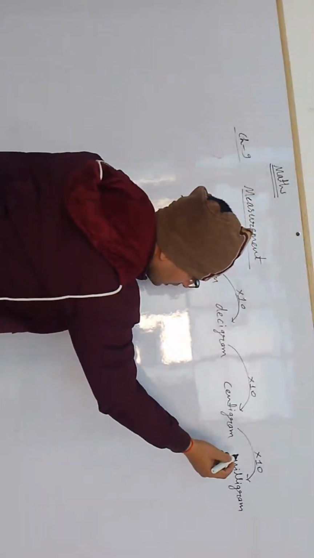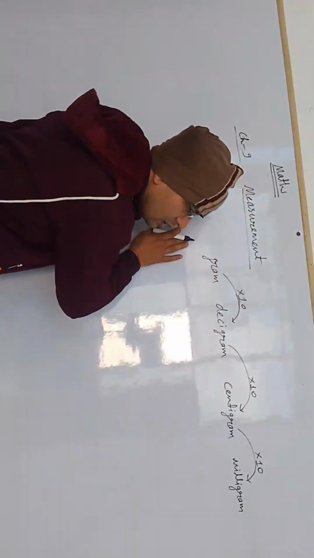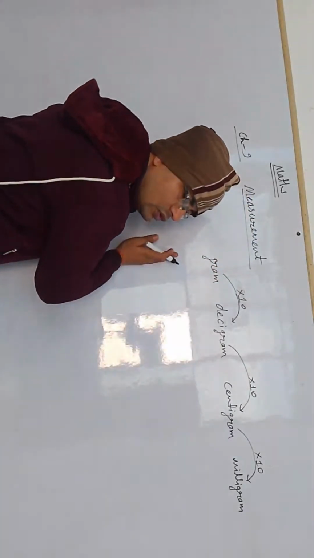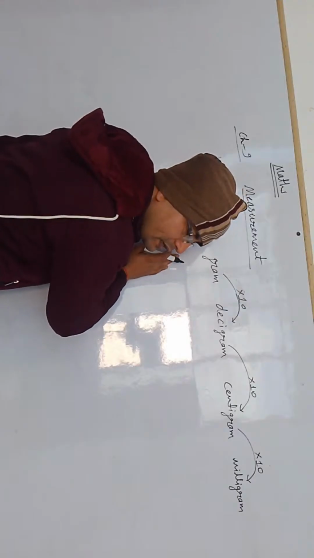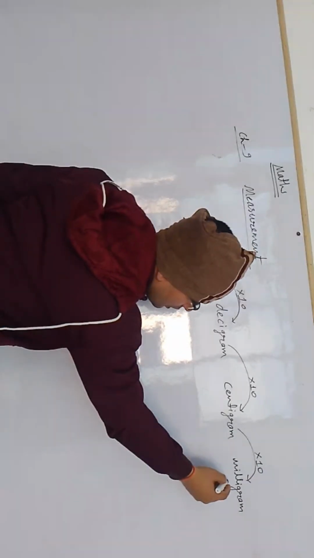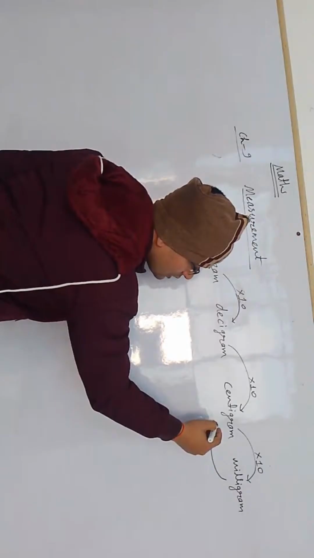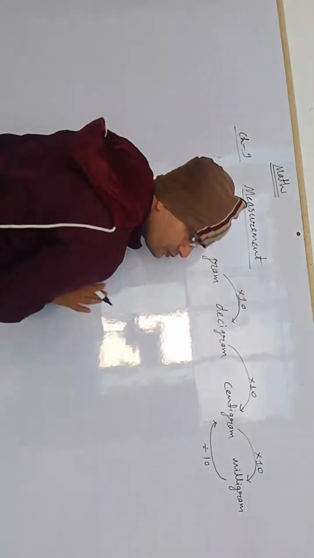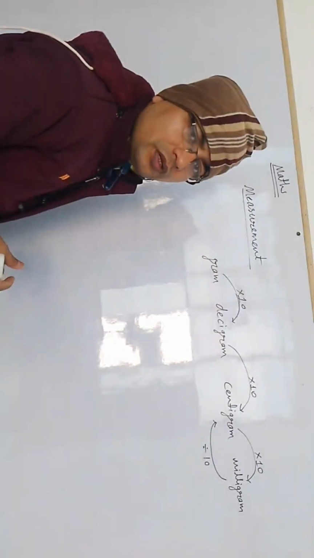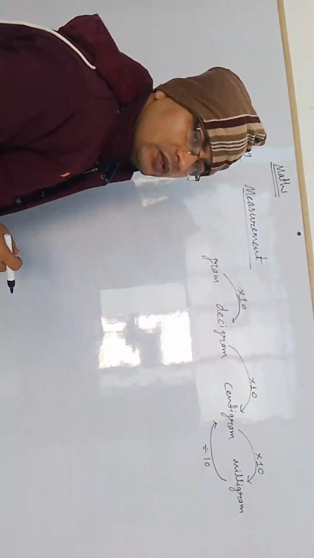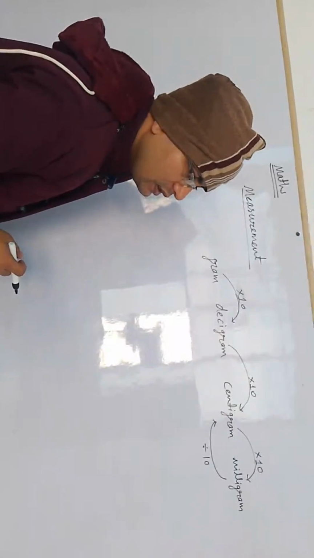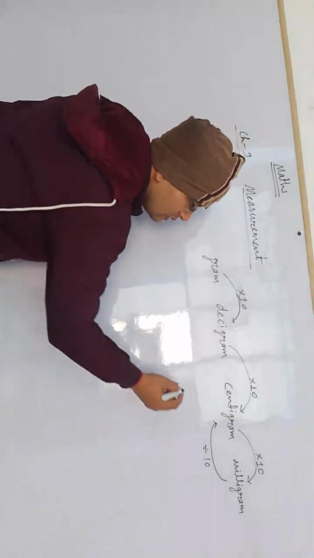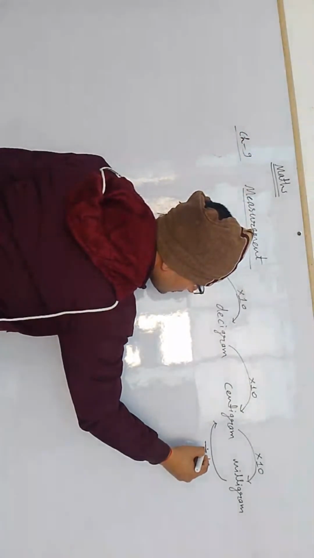And again come back. In 1 milligram there is 1 upon 10 centigram. Divide by 10.